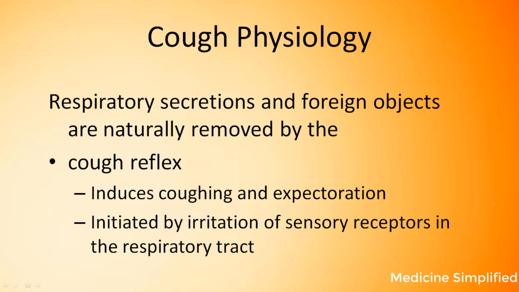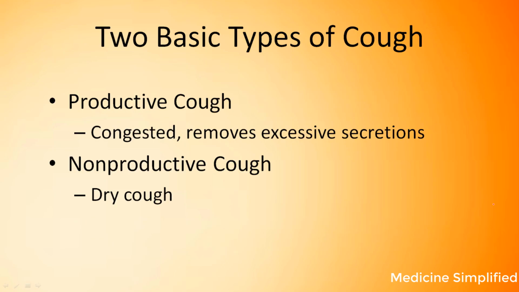Respiratory secretions and foreign objects are naturally removed by the cough reflex. So what is the cough reflex? It induces coughing and expectoration, initiated by irritation of sensory receptors in the respiratory tract. There are two types of coughs. First one is productive cough, which is congested and removes excessive secretions.